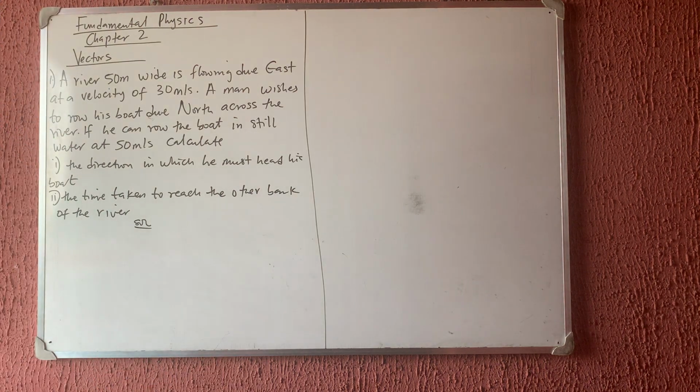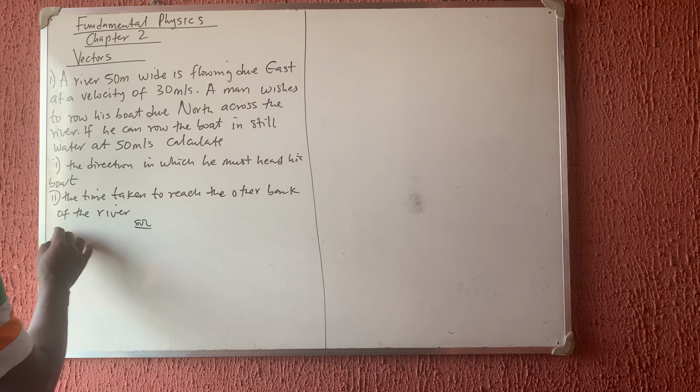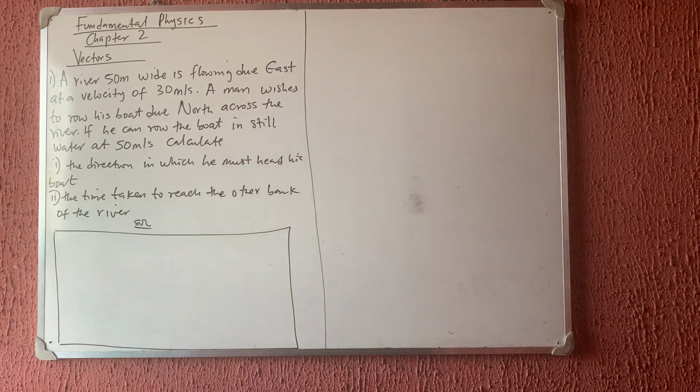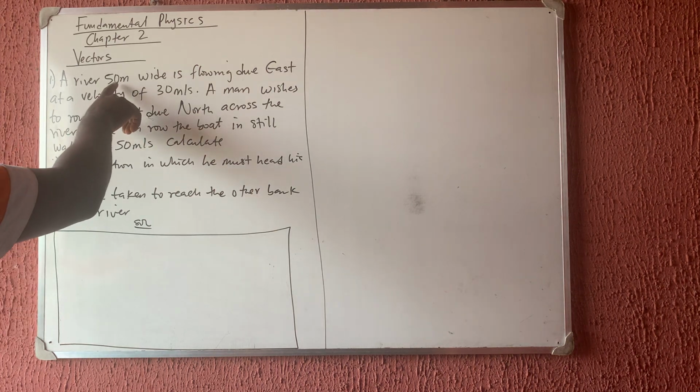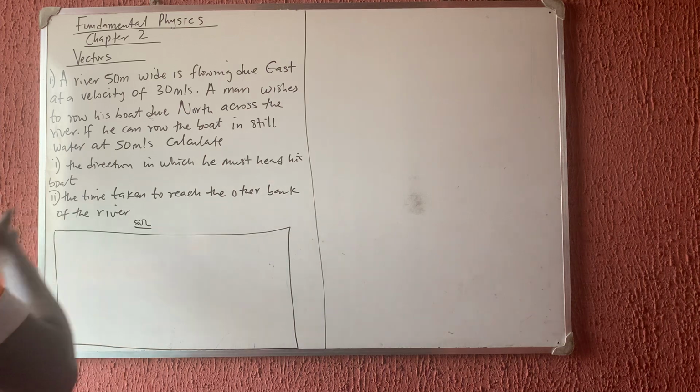So in this video now, they said a river 50 meters wide. So let's say that this is the width of that river. A river 50 meters wide is flowing due east. This river is flowing like this, due east.